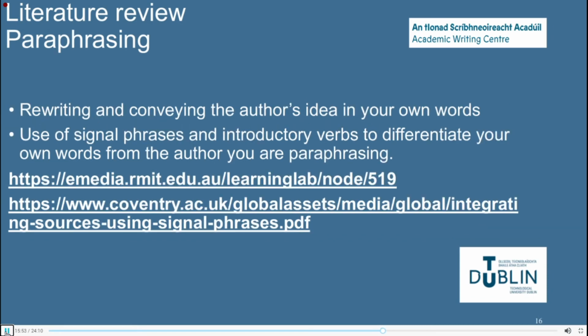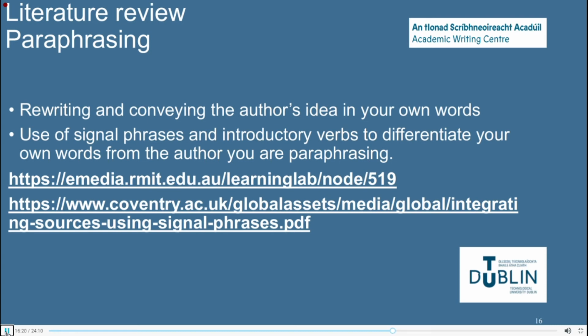Paraphrasing, as you are probably well aware, is rewriting and conveying the author's ideas in your own words. So once again, it involves you transforming the original text into your own words, but maintaining its meaning and preferably its length.